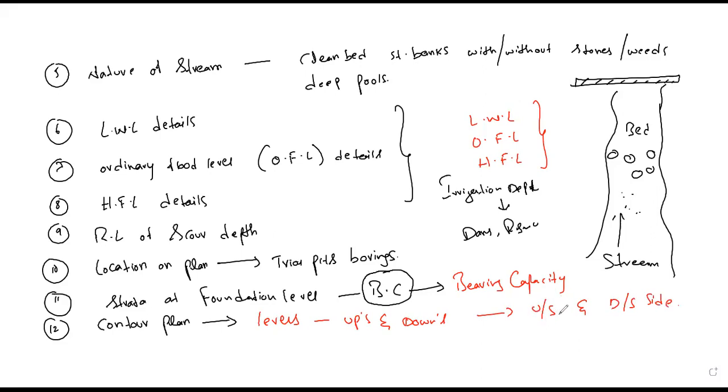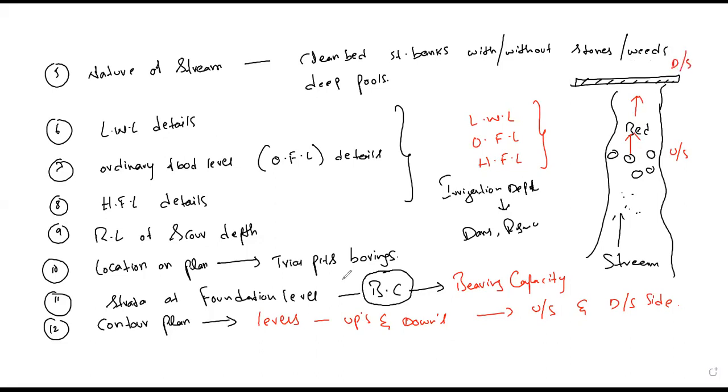U/S means upstream, D/S means downstream. If you see any bridge or any dam, the other part of the dam is called downstream. If the river is flowing like this, this is called upstream and the other side is called downstream.